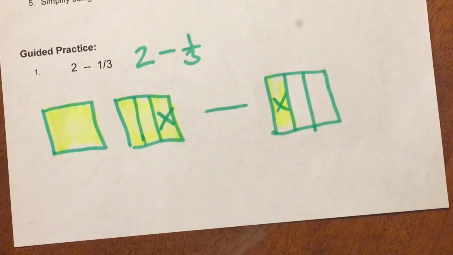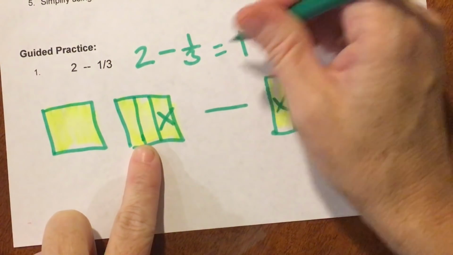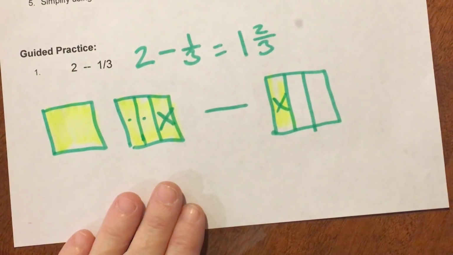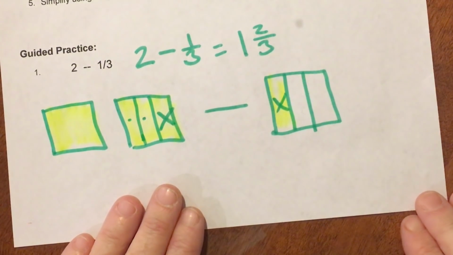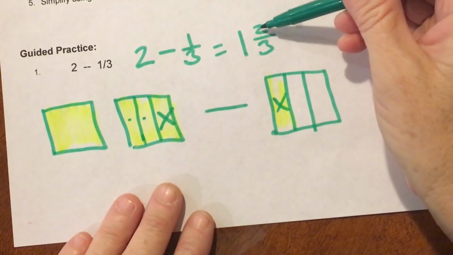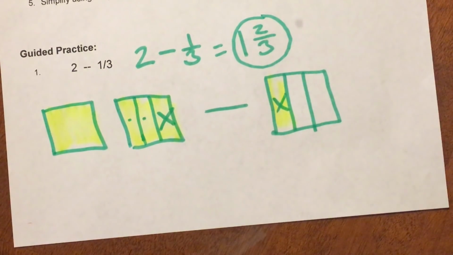So I'm kind of done, except now I need to write my answer. Well, what am I left with? 1 whole and 2 out of the 3 pieces. And then I can check to see if I can simplify it. Well, 2 is not my GCF because it doesn't fit into 3, and then 1 doesn't work. So my answer is 1 2/3.